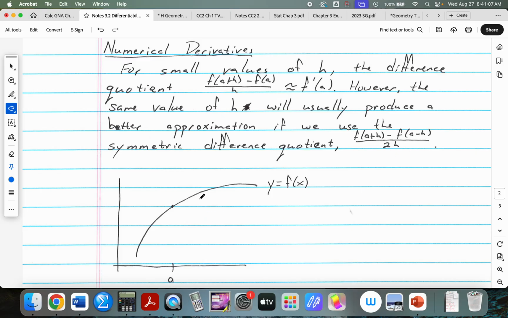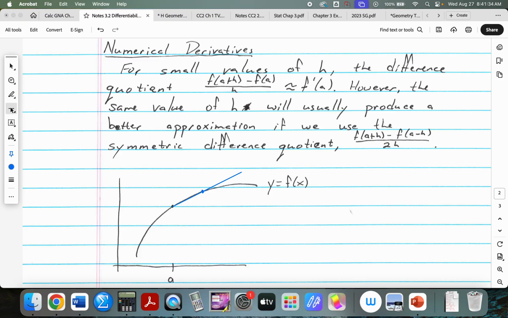So instead of just going to the right, let's say we just went to the right here, and I'm going to try and draw something that hits both of those. And using that as our estimate, that's not a bad estimate.